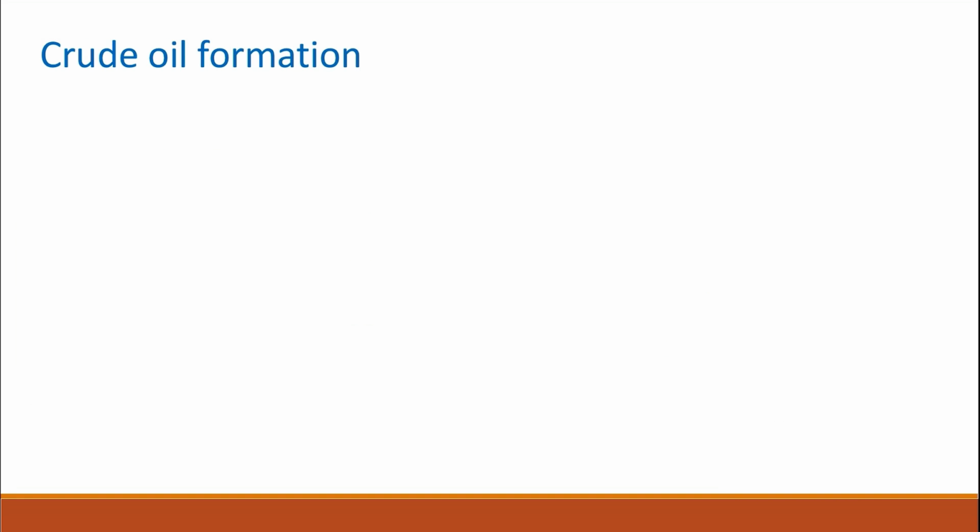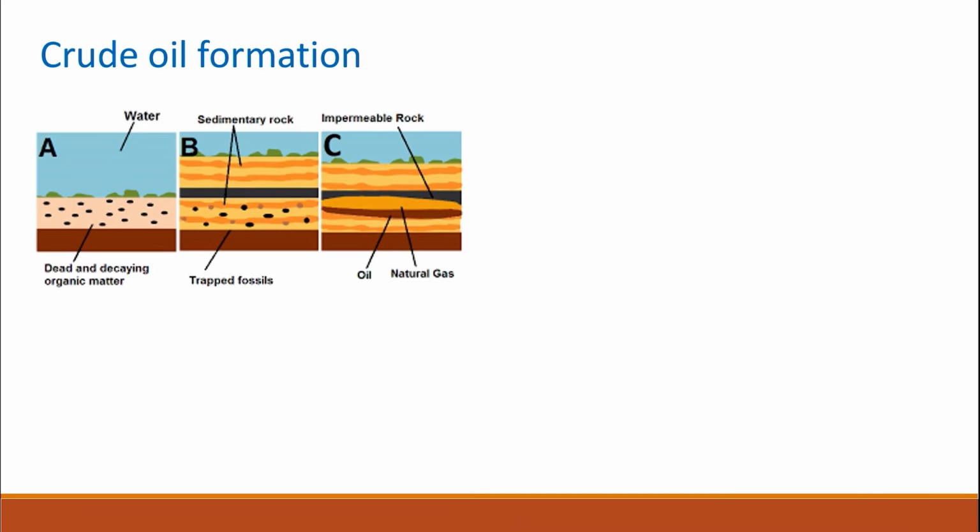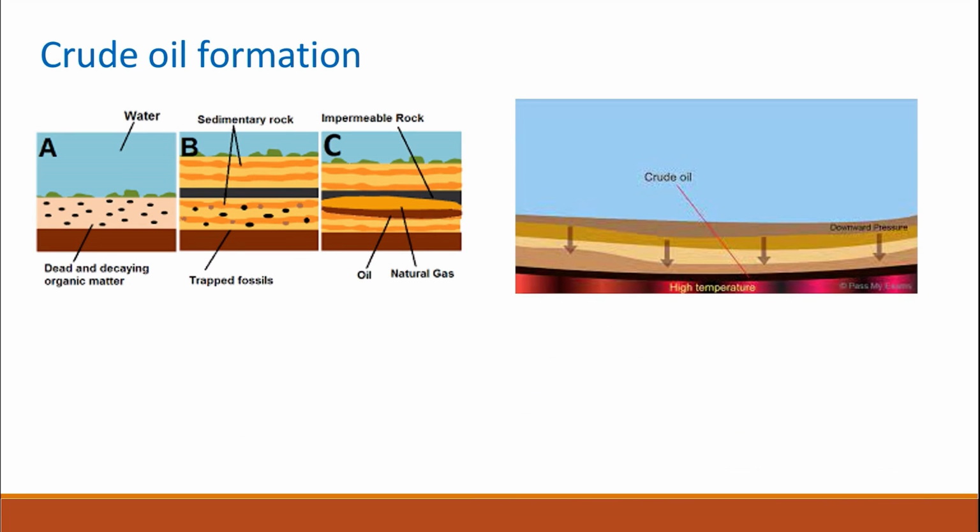All the hydrocarbons come from crude oil. So how is crude oil formed? Crude oil comes from the remnants of living organisms that lived millions of years ago. These have been buried under the soil for a very long time, and they have been subjected to high pressure and temperature, which has changed them and turned them into crude oil.